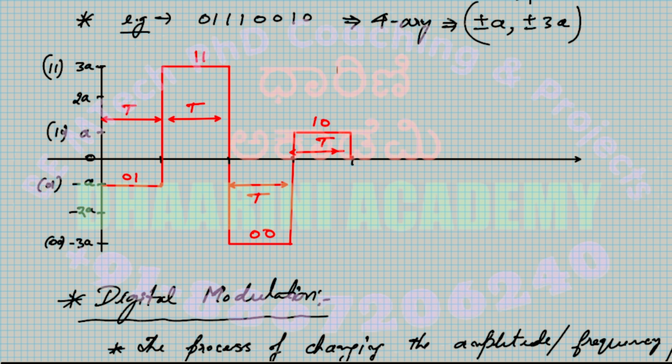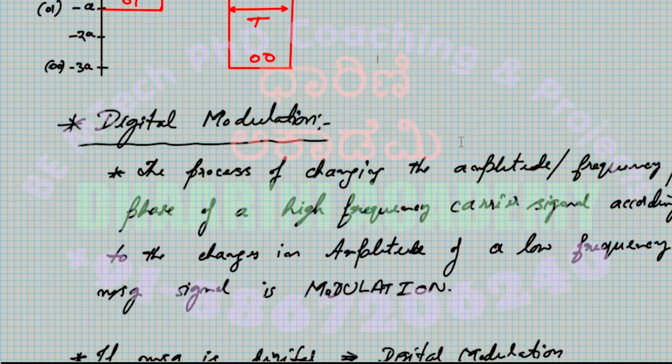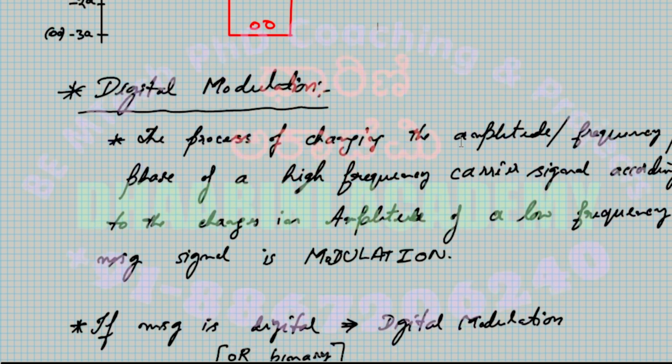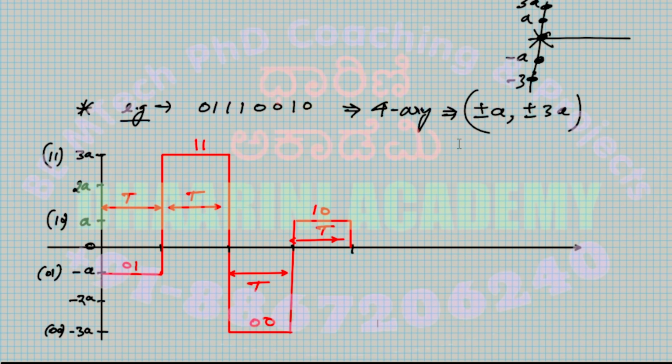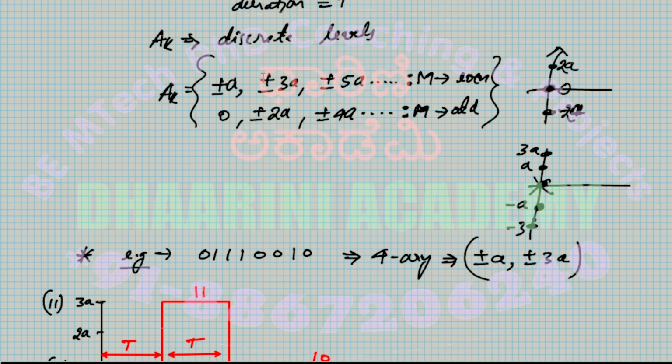Next I have 1 1, that is 3a. So just draw those levels and keep connecting to form a waveform. Is it okay? If it is 8, then you have minus a, plus a, minus 3a, plus 3a, minus 5a, plus 5a, and so on.